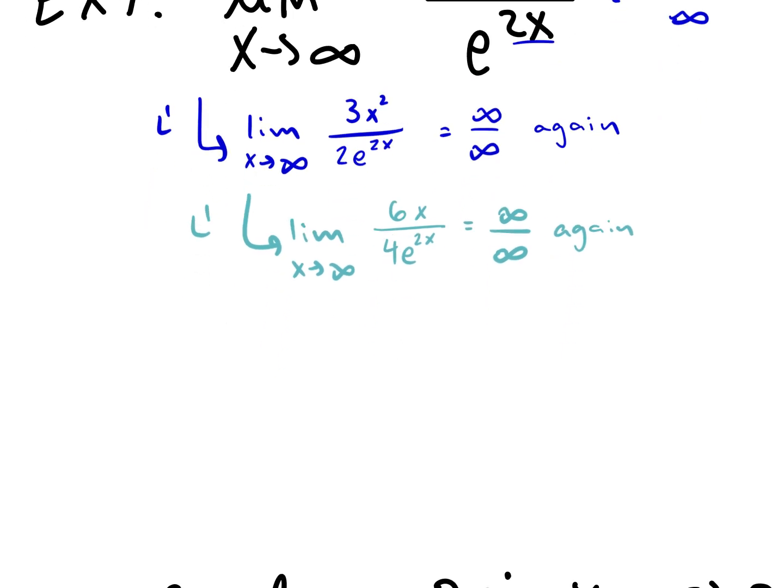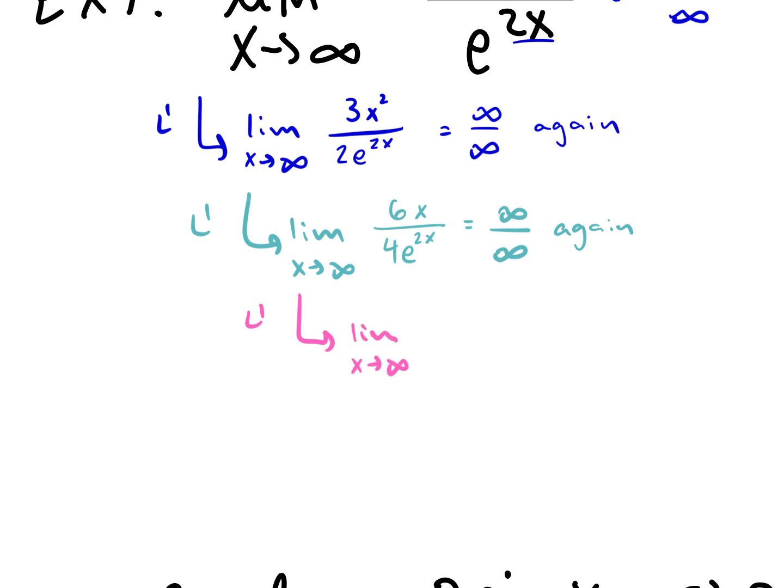So let's do it again here. We've got the limit as x approaches infinity again. What's our derivative of the numerator? 6 over, what's the derivative of the denominator? 8e to the power of 2x, perfect. So when I plug in infinity, I get 6 over infinity in our denominator.